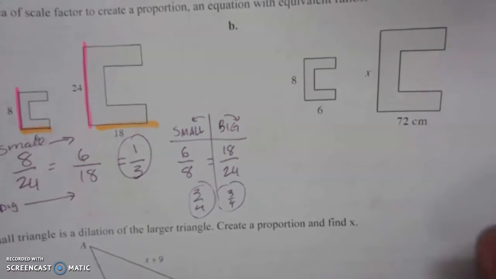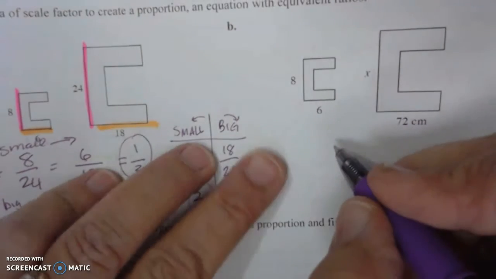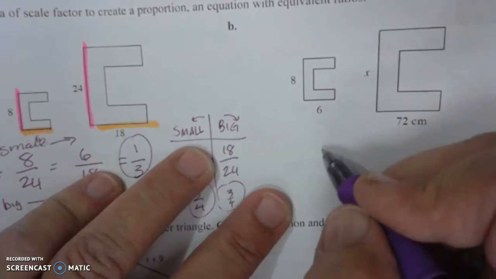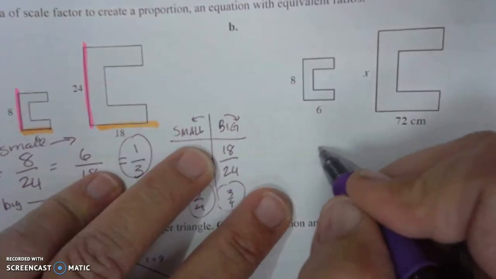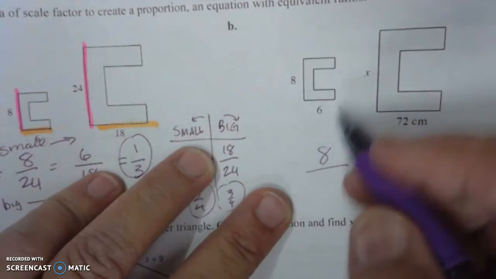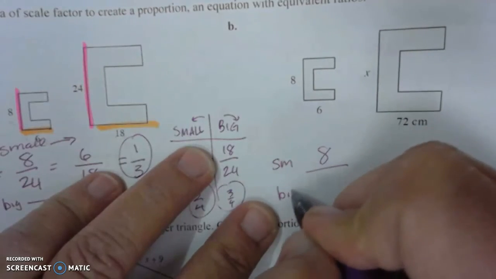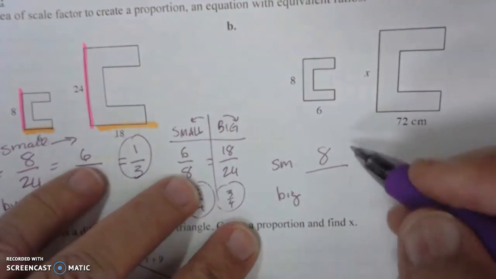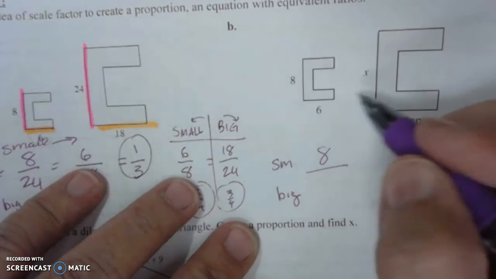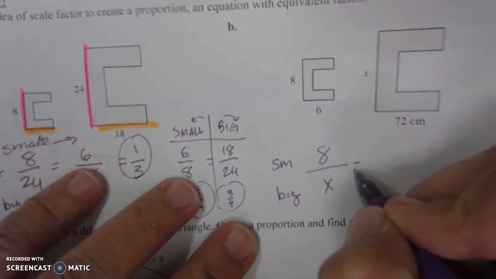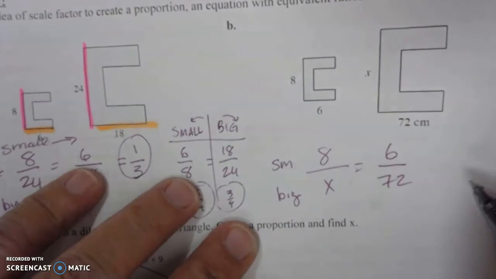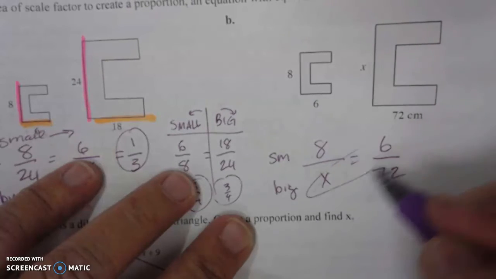So when we solve this problem over here, let's do 8. I usually like to go small over big. This is my preferred way to set this up. The 8 matches up with the X, and the 6 matches up with the 72. Now, once we do this, cross products.